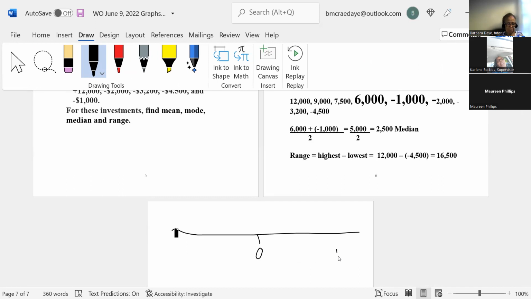We have plus over here and minus over here. Now, this is a -1, -2, and if we keep going, let's say right here we have a -5.